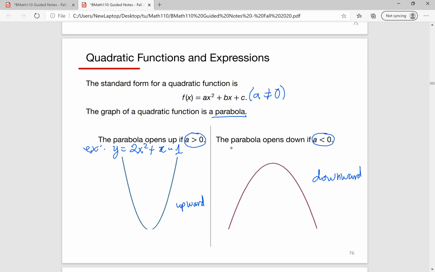For the other case, maybe y equals negative x squared plus 2x minus 3. Then a here is negative 1, and you're going to have a downward parabola. So let's move to the next page.